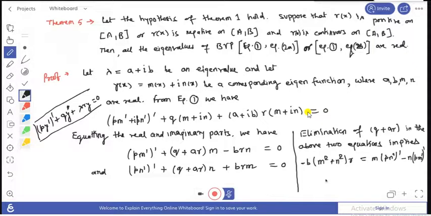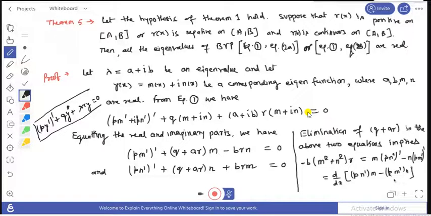So you can write this equals d over dx of this term, and this term you can write as p n prime m minus p m prime into n.